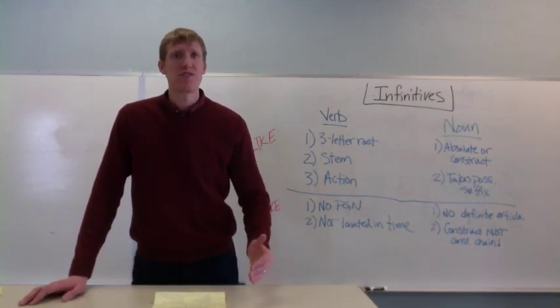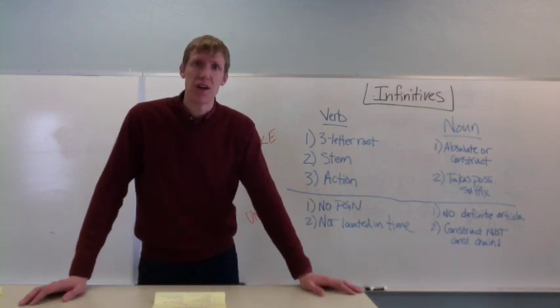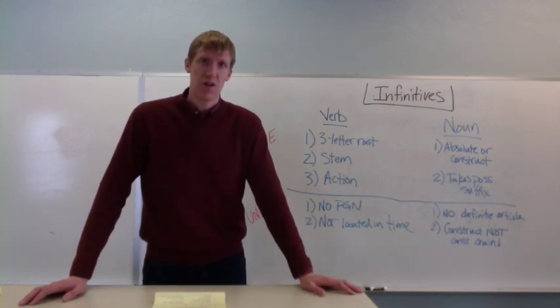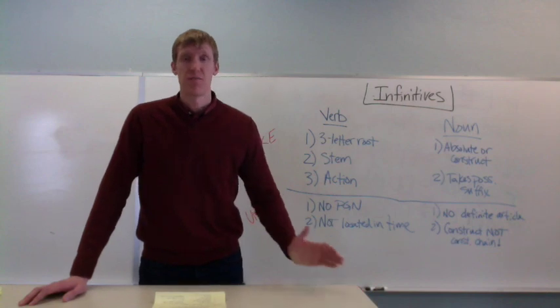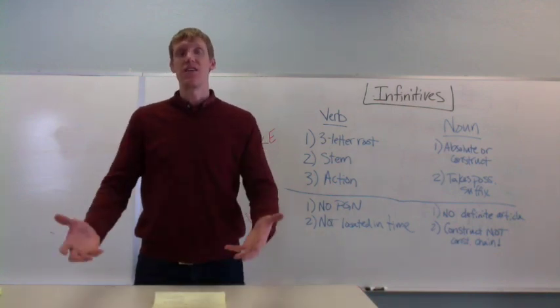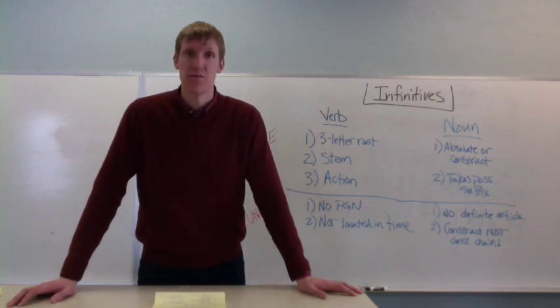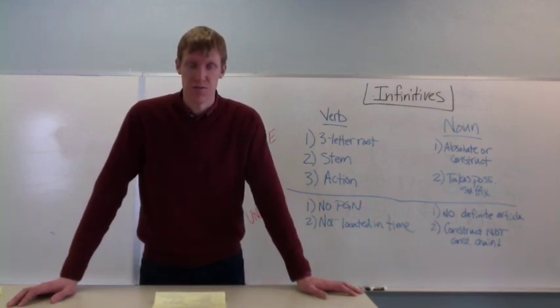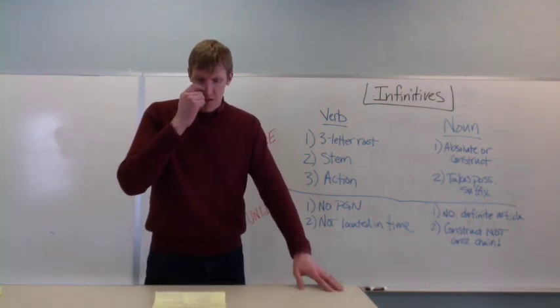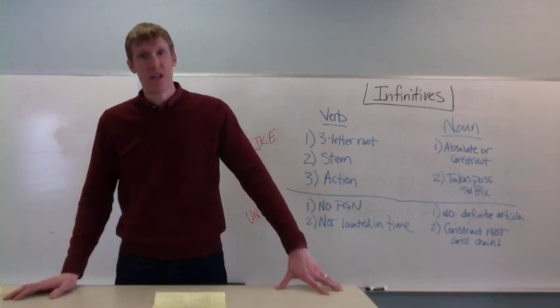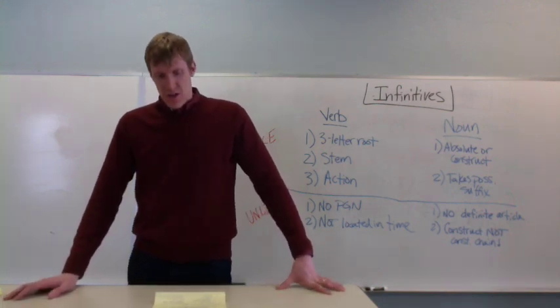But there's no person, gender, or number. There is no inherent subject when you have an infinitive. Sometimes infinitives are given subjects by the context, and then sometimes there is no subject. But there's no person, gender, or number.